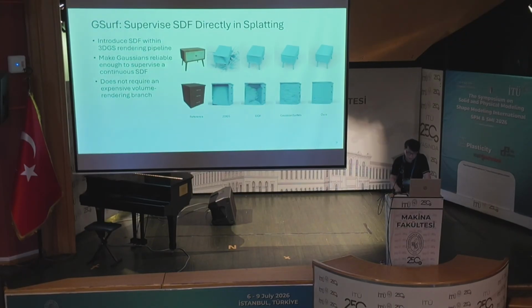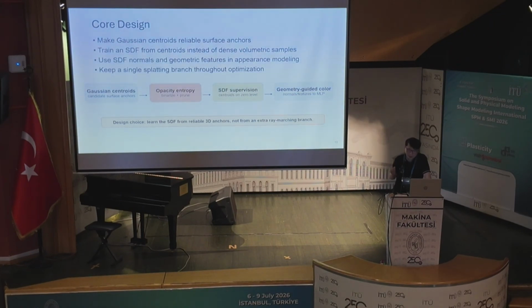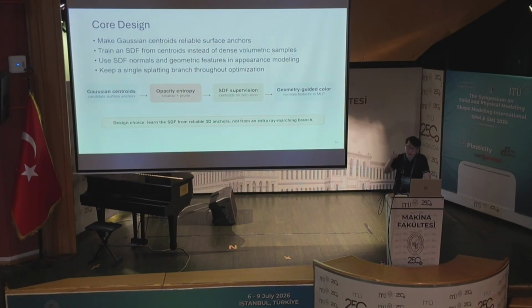And this slide shows the four key components of GSurf. Firstly, we treat Gaussian centroids as candidate surface anchors. Secondly, we use opacity entropy regularization to push the opacity towards two ends, either 0 or 1. 0 means these Gaussians are completely transparent, so they can be ignored.